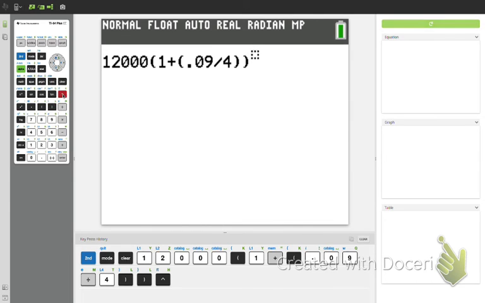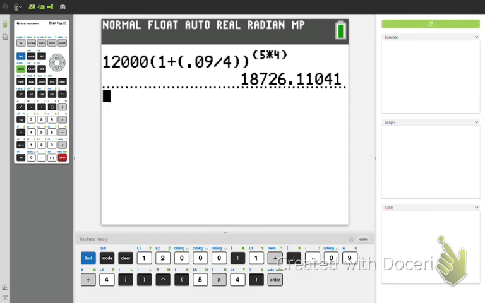Anyone who does not have a new calculator has to put parentheses at this point. And then it was 5 times 4, right? The reason I'm having you do 5 times 4 here is because I'm going to show you how to reuse this same one over and over without having to retype it. Okay, so enter. Do you get $18,726.11? Now, how did I know to do 11 cents without it telling me? Because we're talking about money.